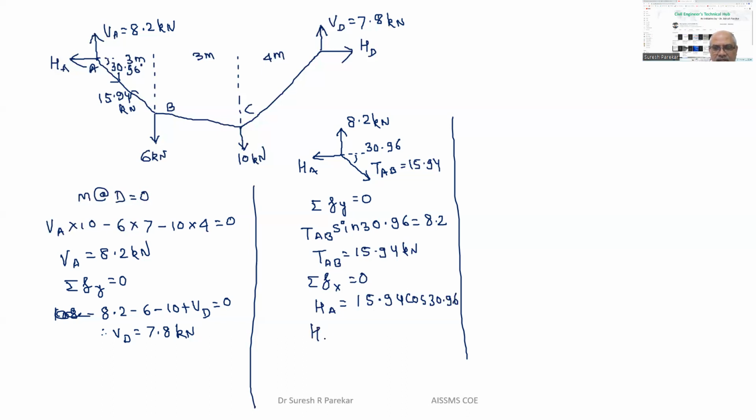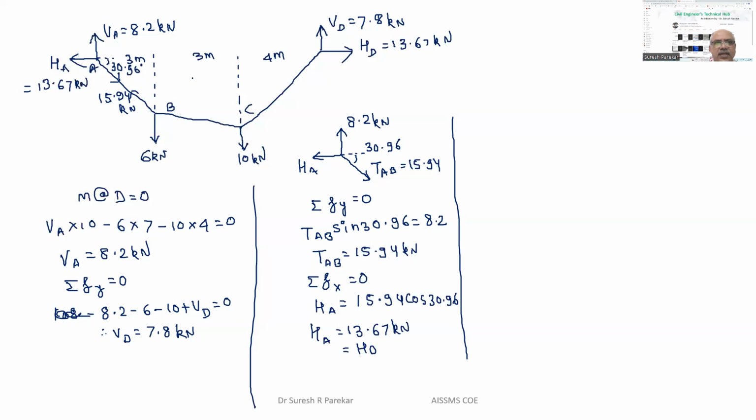And we will get HA equal to 13.67 kilonewtons. Now we have HA equal to HD. So now we have all reactions. HD is 13.67 kilonewtons, and HA also is 13.67 kilonewtons.